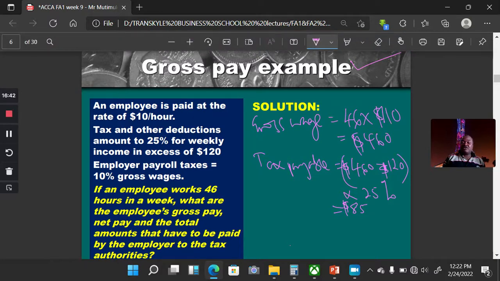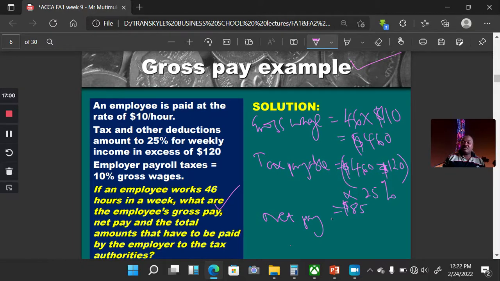So the gross pay, we calculated it. Now the net pay for this guy: net pay is gross wage or gross pay minus the tax and other deductions.